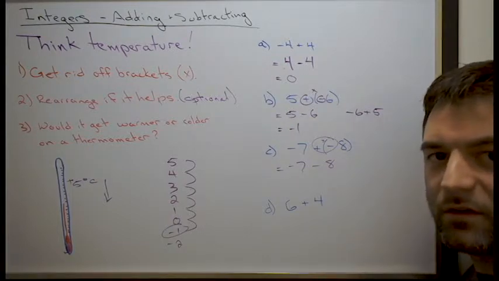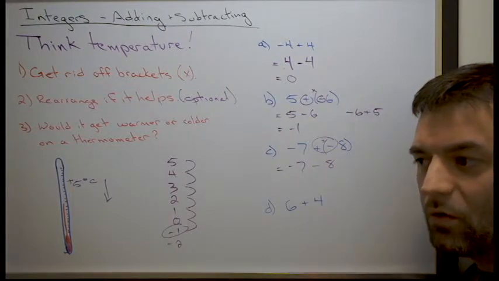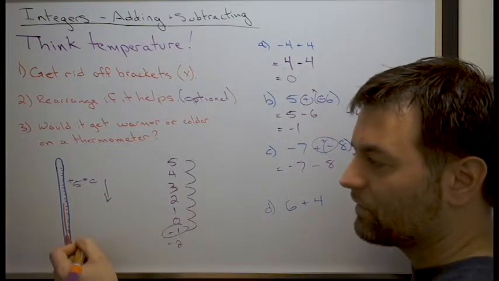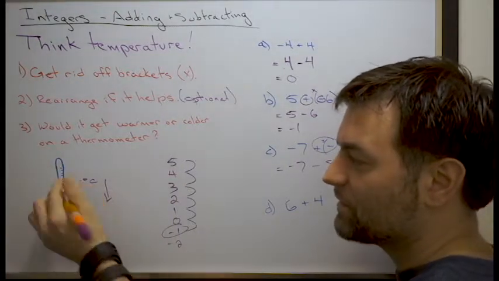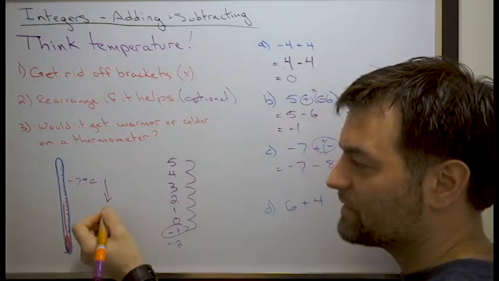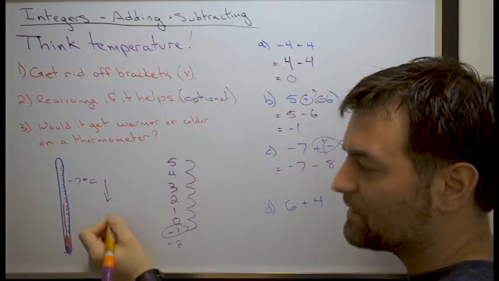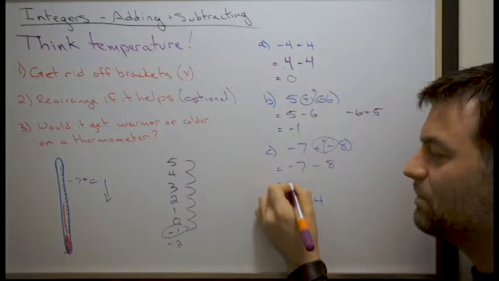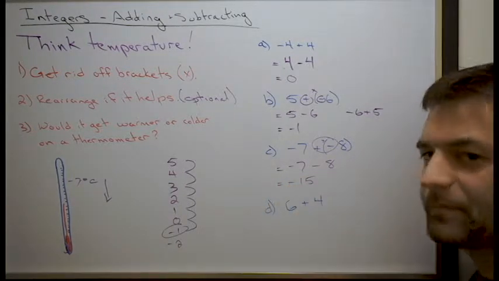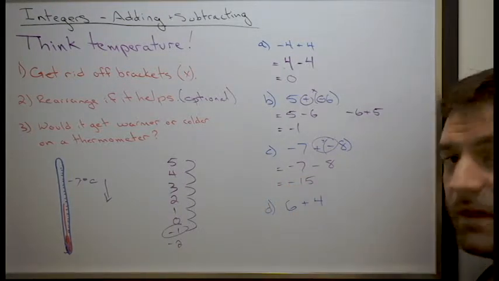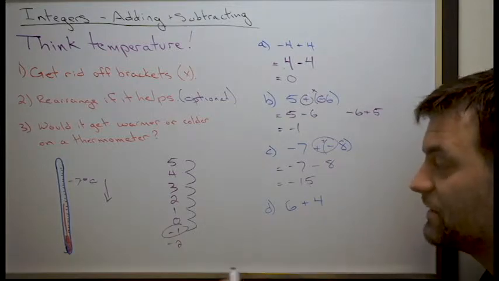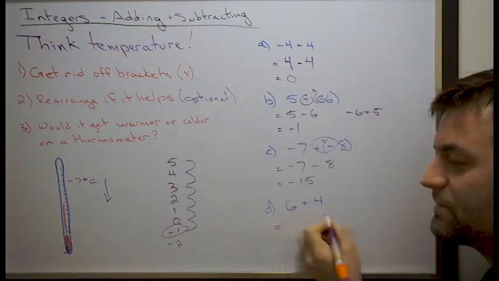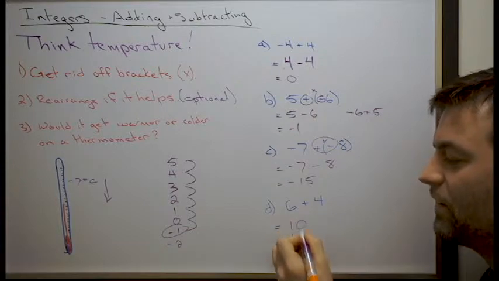What's 8 lower than -7 on the thermometer? We're going to go down the thermometer from our -7 degrees Celsius. It's going to go down 8 degrees. So that's going to take us down another 8, which is -15. And then if you're just adding positive numbers, 6 and 4 are going to be 10.